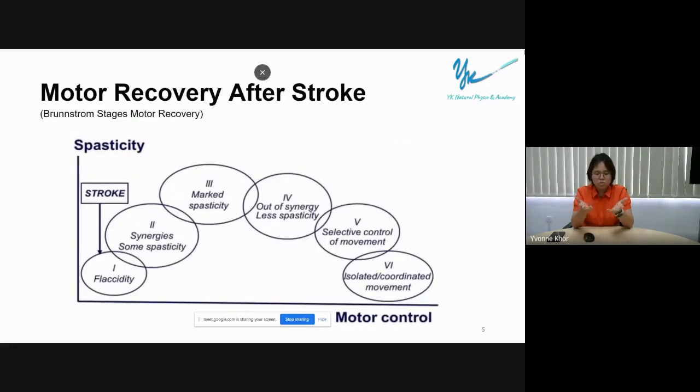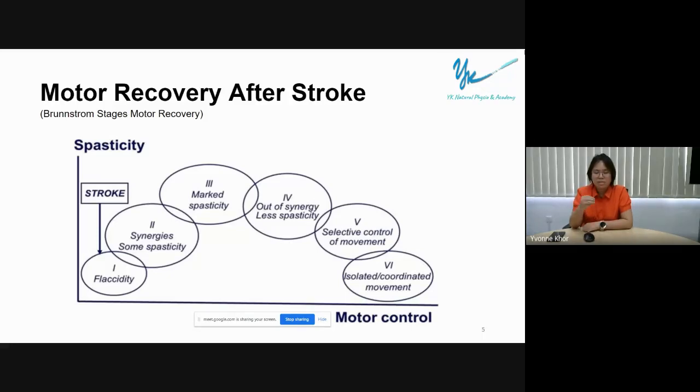A lot of patients want to know, if they get stroke, how long they can take to recover. This graph shows how many stages the patient will go through after stroke. This is from the Brunnstrom stages of motor recovery. You can see from the graph there are 6 stages. When the patient gets stroke, they will experience flaccidity, and after that they will go to synergy with some spasticity.